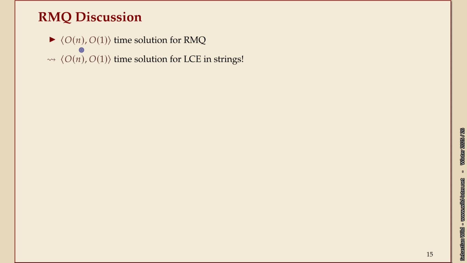There's nothing left really to say if you're looking at big O. It has linear pre-processing time, which you're going to have to look at the array at some point, and constant time for the queries, where we do this decomposition in inter-block and intra-block queries. And for the green ones, the intra-block queries, we use this table lookup.